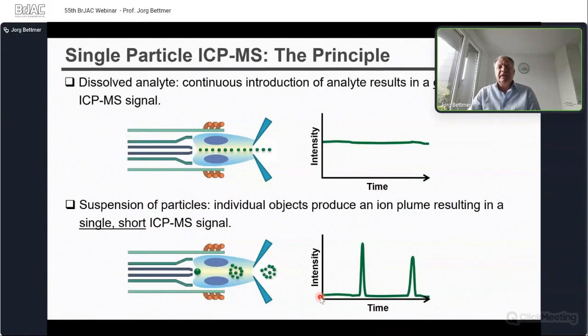So, as shown here, if no particle is introduced into the plasma source, you don't have any contribution to the signal of the element. And once you introduce a particle, you will get a very short transient ICP-MS signal, like here, or the second particle, like here.